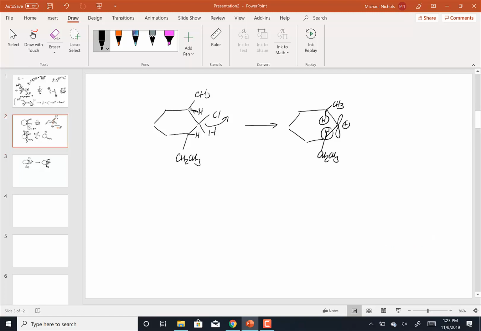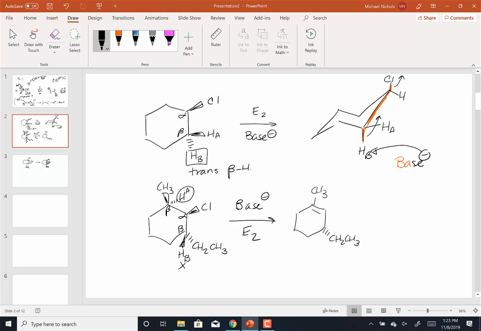So if I went back to this problem and I said, let's do this problem under E1 conditions, let's react this in E1, what you would end up doing is you would end up getting that product plus, you would end up getting the double bond up to the left and down.